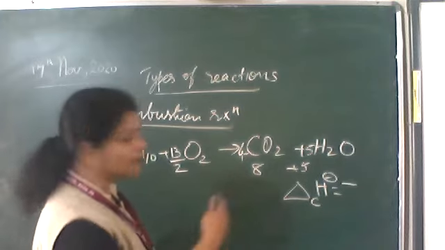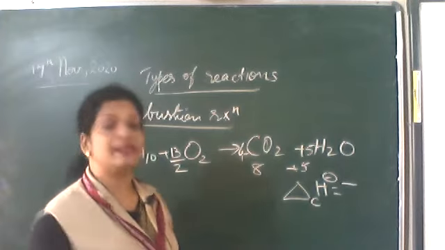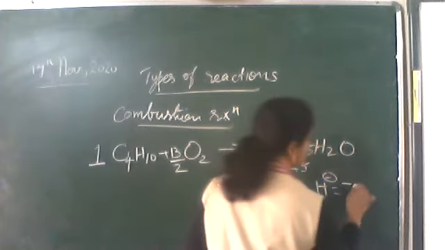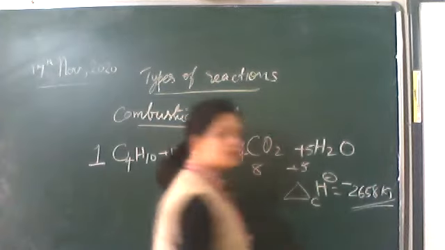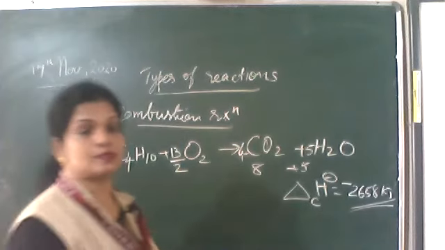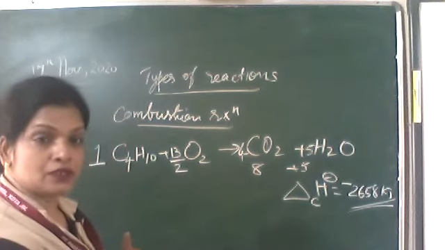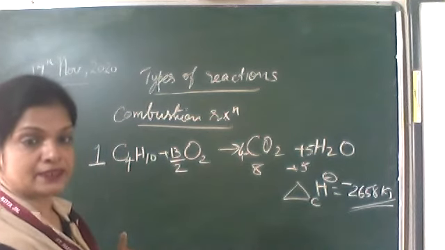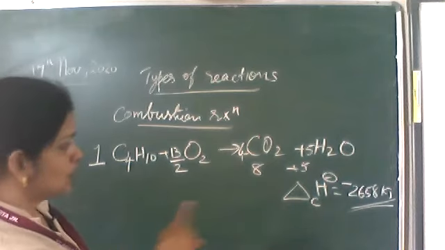So how much amount of energy is released? 2658 kilojoules per mole. This much amount of energy is released per mole. This is butane. This butane is used daily in our kitchen in the gas cylinder. We are burning butane daily.